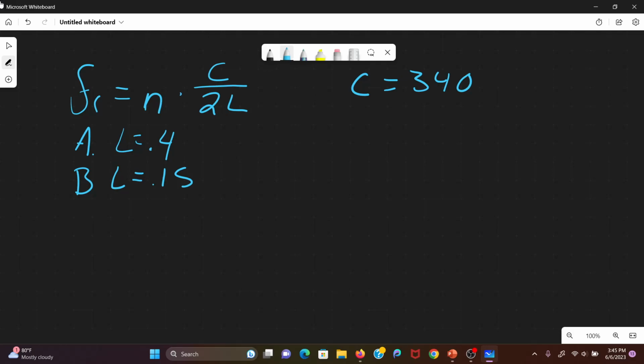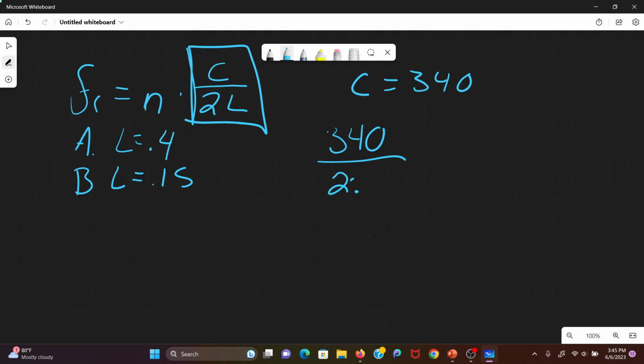Let's look at question B. If you got question B, your length was 0.15. So what we're going to do first is look at just this portion right here. 340 is C. So we're going to have 340 over 2 times 0.15, which equals 340 over 0.3.